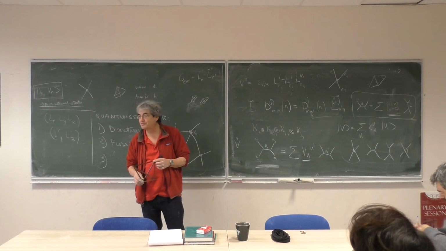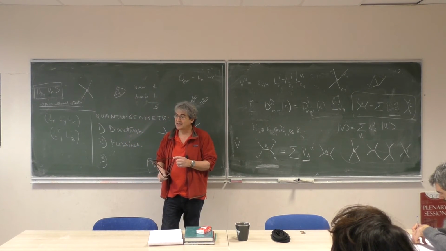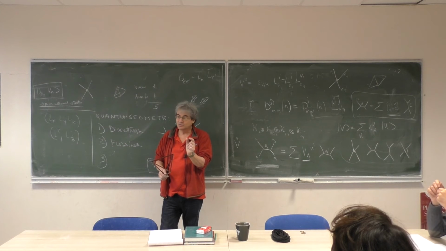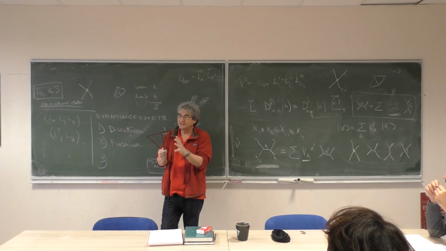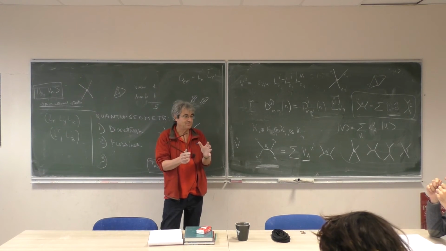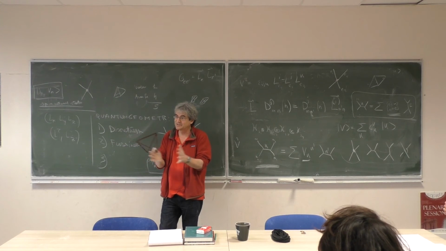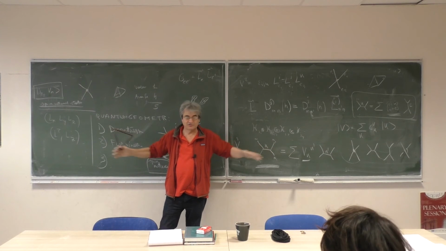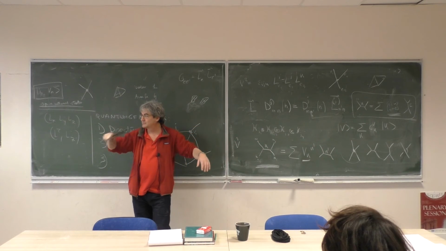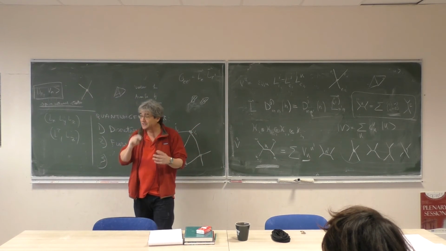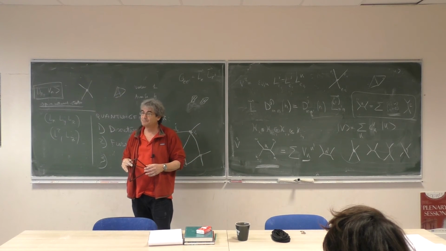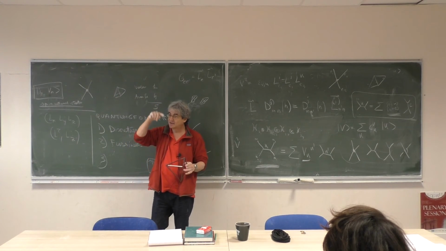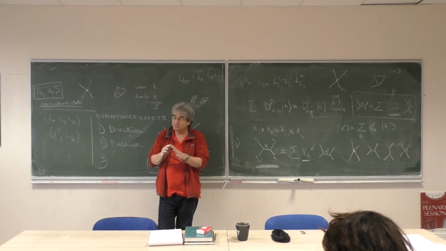You can write wave packets in which x and p are both minimally spread. You cannot, for a particle, have x sharp and p sharp, because if you have x sharp, p is completely spread. If you have p sharp, x is completely spread. But you can write a wave packet where x and p are both minimally spread.